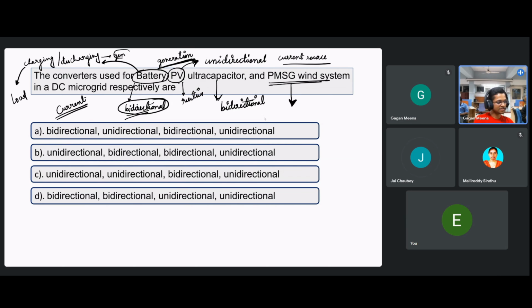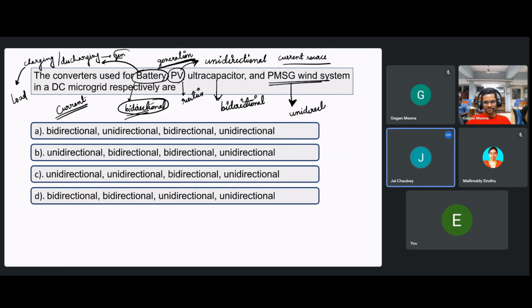If underexcited, it can absorb reactive power. Reactive power absorption or injection is possible even in PV based inverters also. But their current will not reverse. So only generation will be unidirectional. If we are using only generation mode, then unidirectional. Yes, correct.